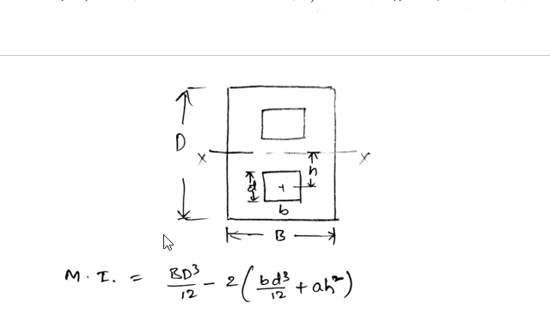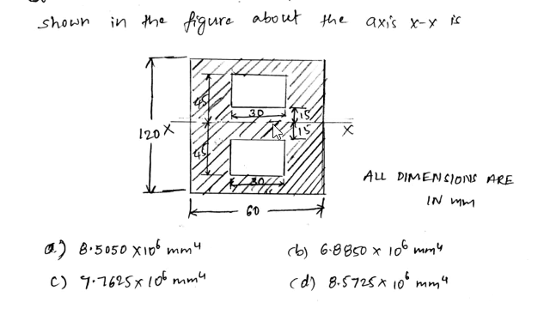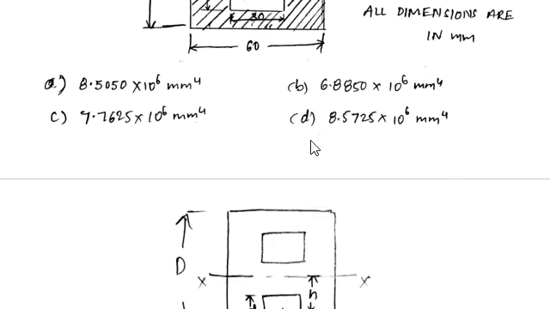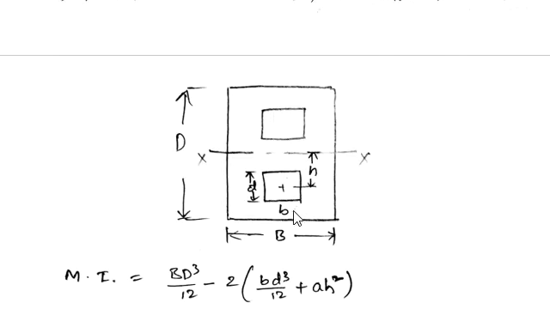Moment of inertia of this shaded portion, by removing these areas: BD cube by 12 will give the moment of inertia of the total outside rectangle about xx, but we require the shaded portion, by removing these areas. For that we are using the simple parallel axis theorem concept.